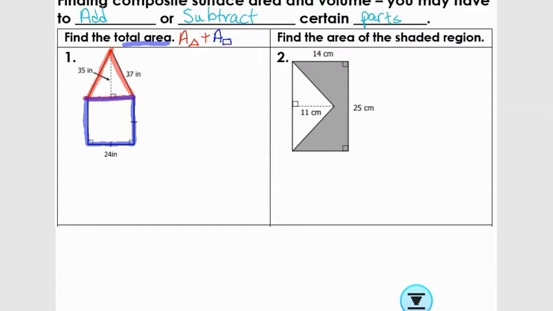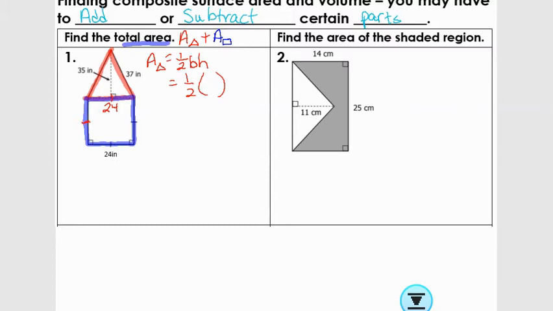Okay, so let's do this. When I want the area of a triangle, I know the formula for area of a triangle is 1/2 base times height. And that's on your formula card as well. Looking to plug into that, I've got 1/2. The base of the triangle, can you see it? This 24 here on the bottom means the side across from it is also 24, because opposite sides are congruent in a parallelogram. We have these right angles and those congruent sides, so we know those are all the same.